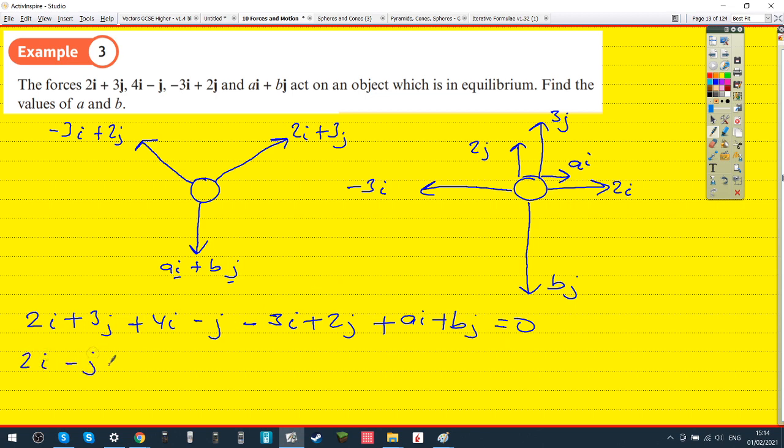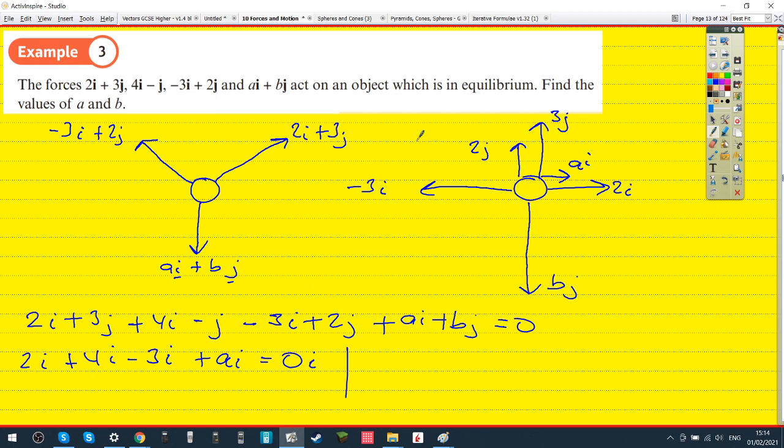So 2i plus 4i minus 3i plus ai, that will give you 0i. So you use that to figure out what a is. And now I'll just put them into my calculator, don't I?